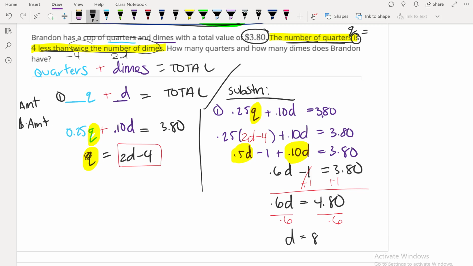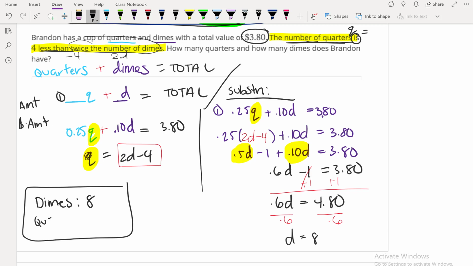So I know that D represented the amount of dimes. So I have 8 dimes. So now I want to specifically find out how many quarters I have. Well, I can do that by plugging it into this equation. I have that the amount of quarters is equal to 2D minus 4.